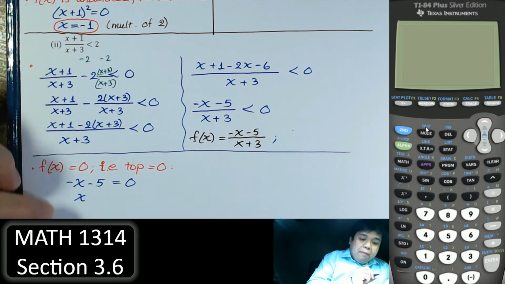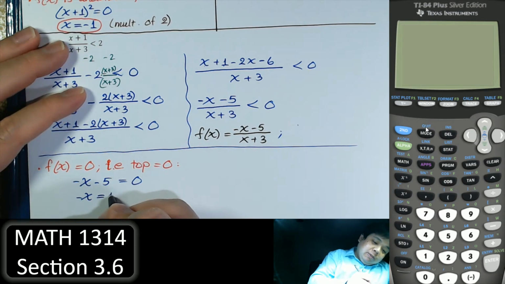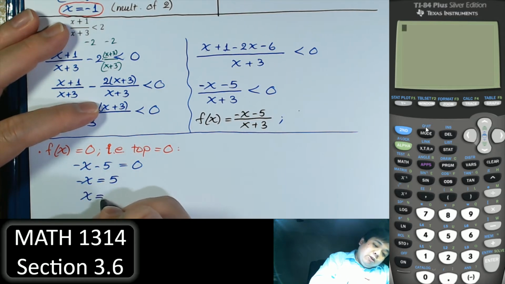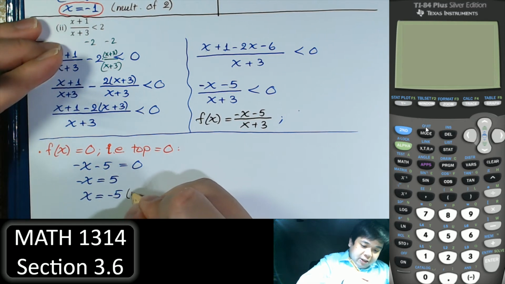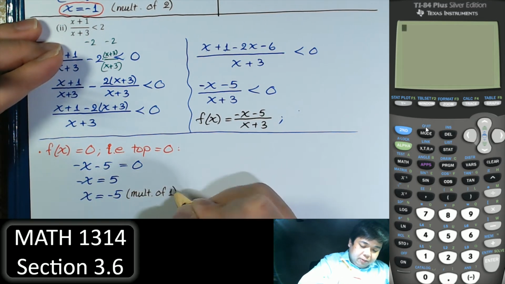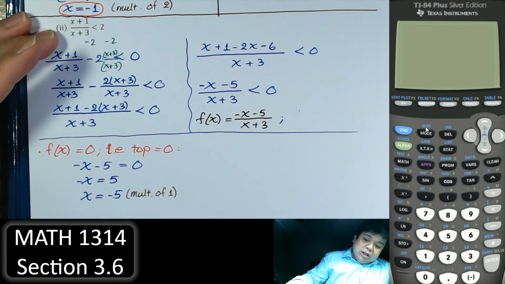So plus 5 on both sides, negative x equal to 5, or x equal to negative 5, and this is a multiplicity of 1. And then we need where the function is undefined.